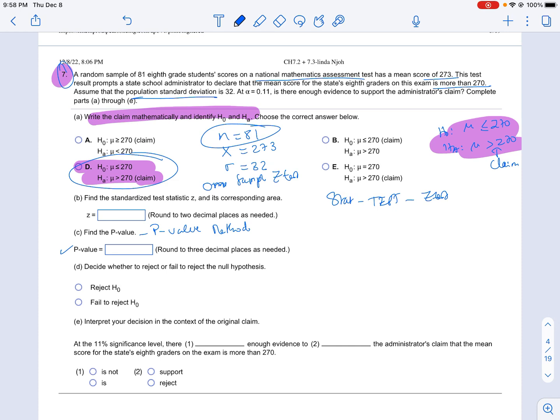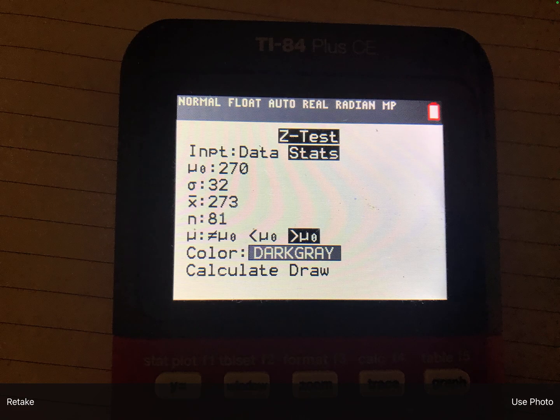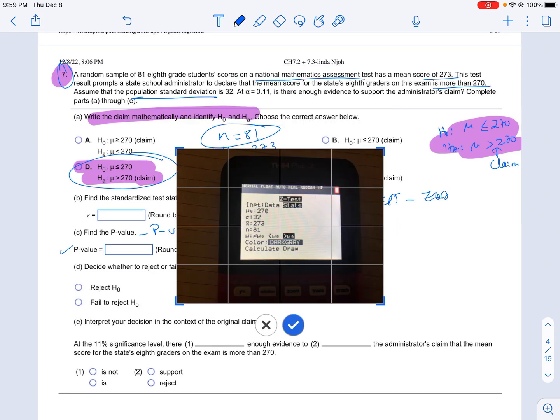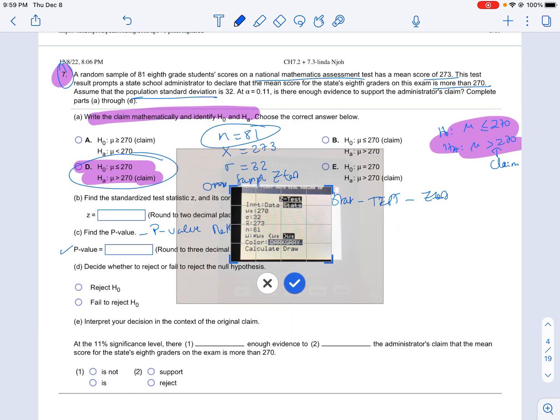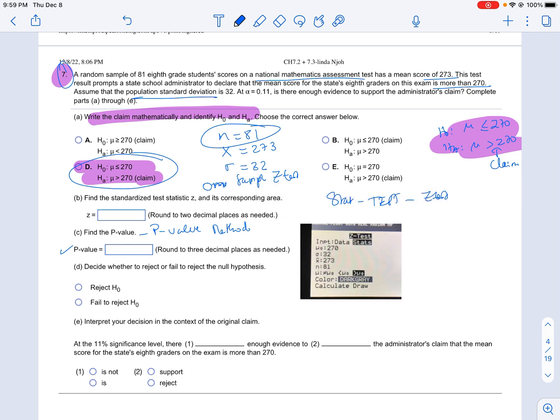Population standard deviation is 32. X bar is 273. N is 81. So you have summary statistic and it's a more than. All right. So there goes our setup. This is how you set up. And then you calculate.